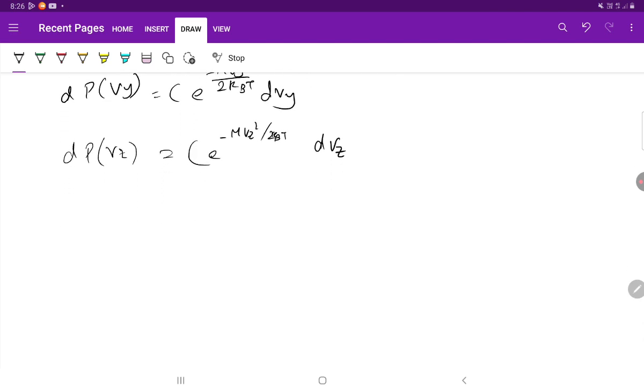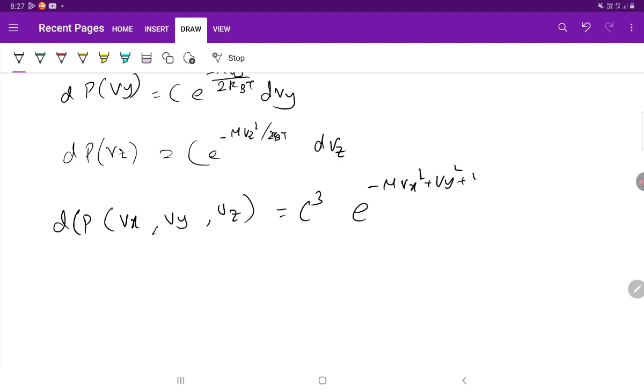Now, can you tell me the probability that a particle will have velocity between vx to vx plus dvx, vy to vy plus dvy, and vz to vz plus dvz? It will be c cube e to the power minus m times vx square plus vy square plus vz square by 2kBT into dvx dvy dvz.